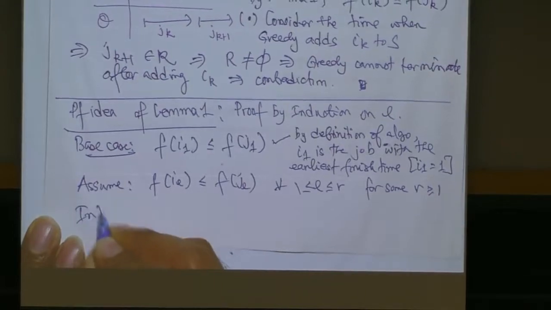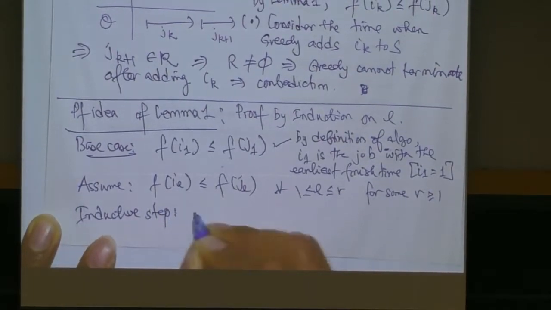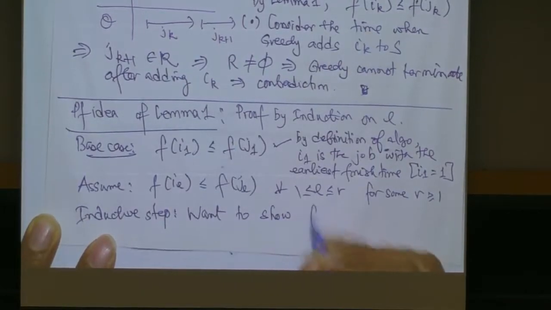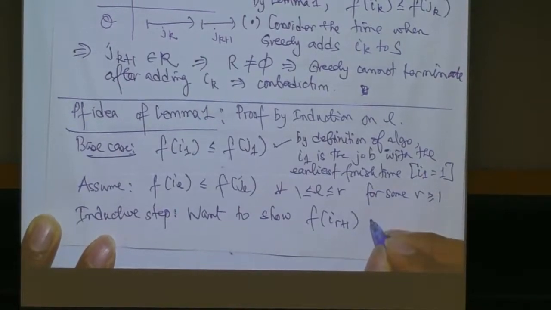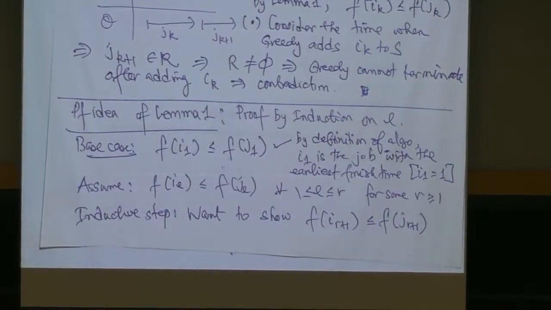So the inductive step: we want to show the finish time of the R plus 1th guy for the greedy is no more than the finish time of the R plus 1th guy for optimal. Okay, so this is what we want to do. Any questions so far?